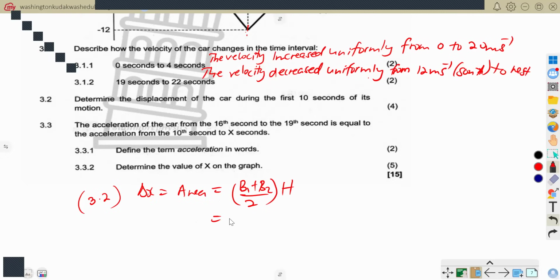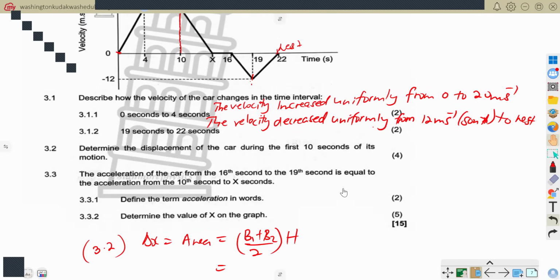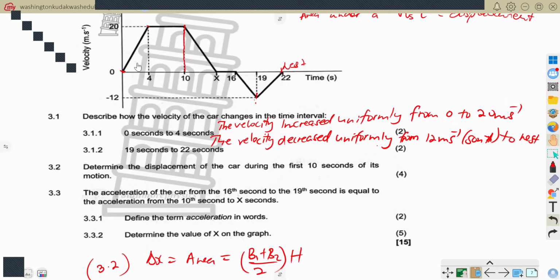Or else you would divide that shape into its two shapes, shape A and shape B. So shape A is a triangle, and you can calculate the area of a triangle.